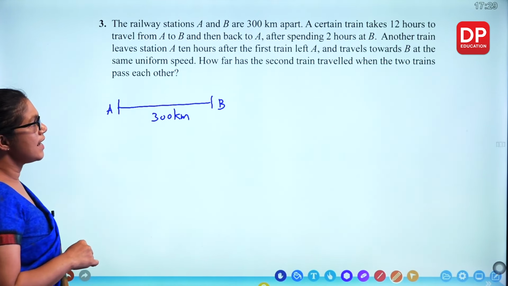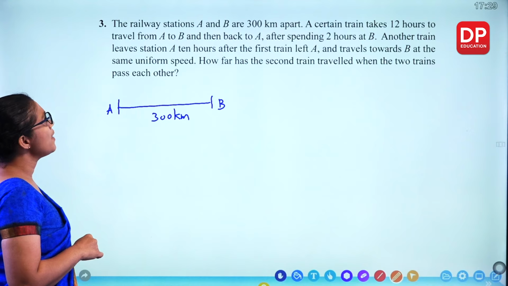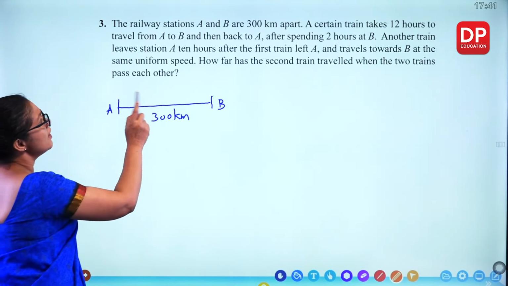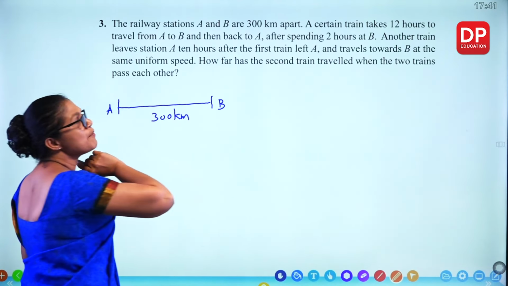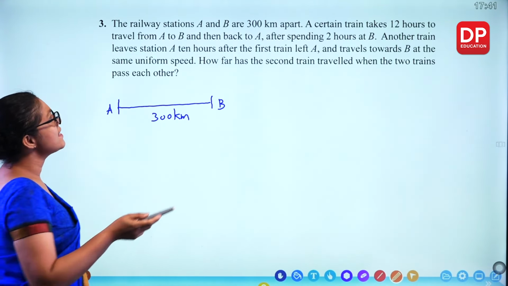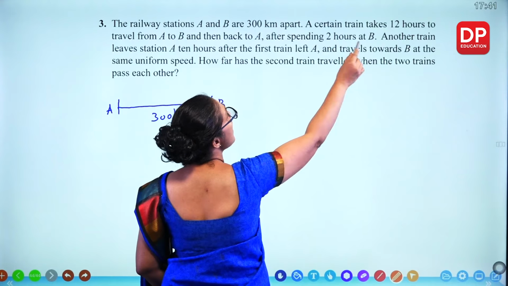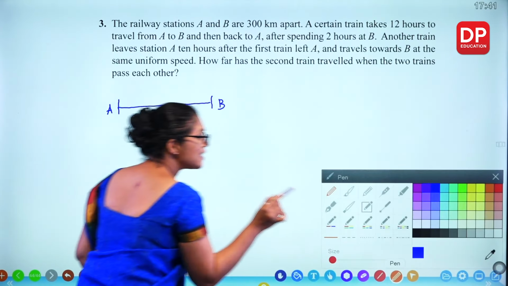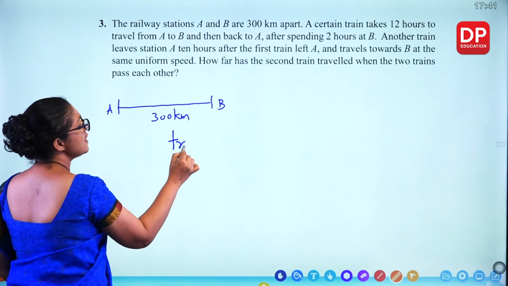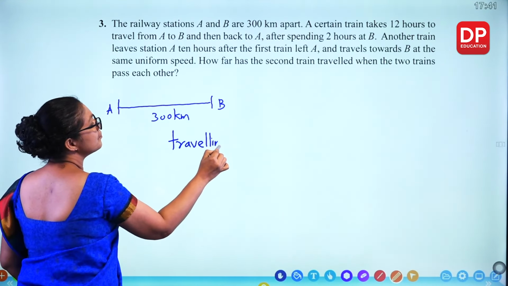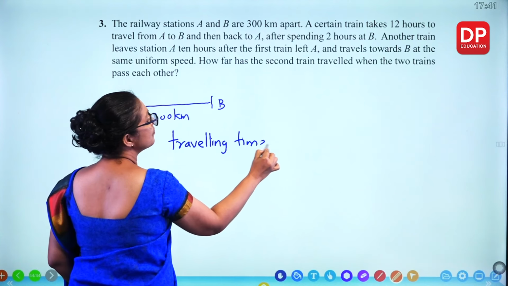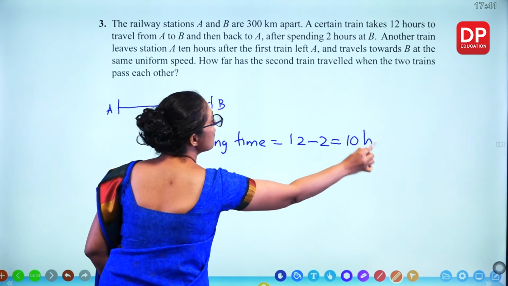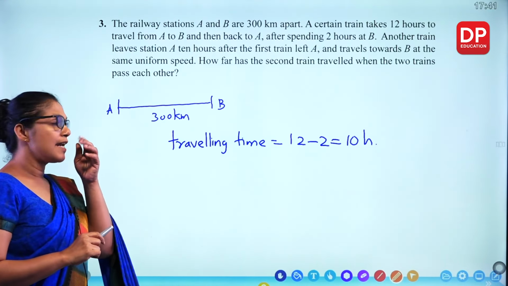A certain train takes 12 hours to travel from A to B and then back to A. So here the total time taken is 12 hours and 2 hours stayed at B. So what's the traveling time? 12 hours minus 2, that means 10 hours. So traveling time is 10 hours.